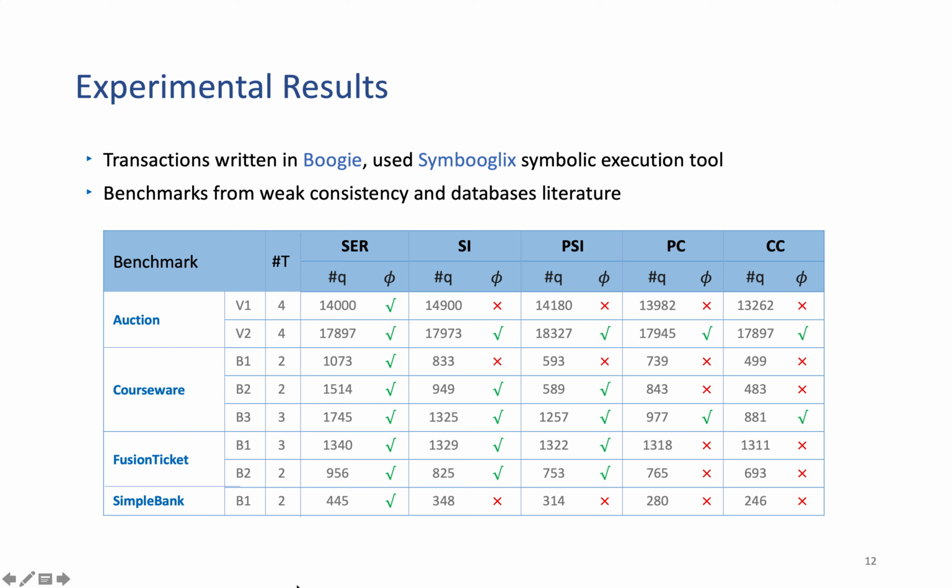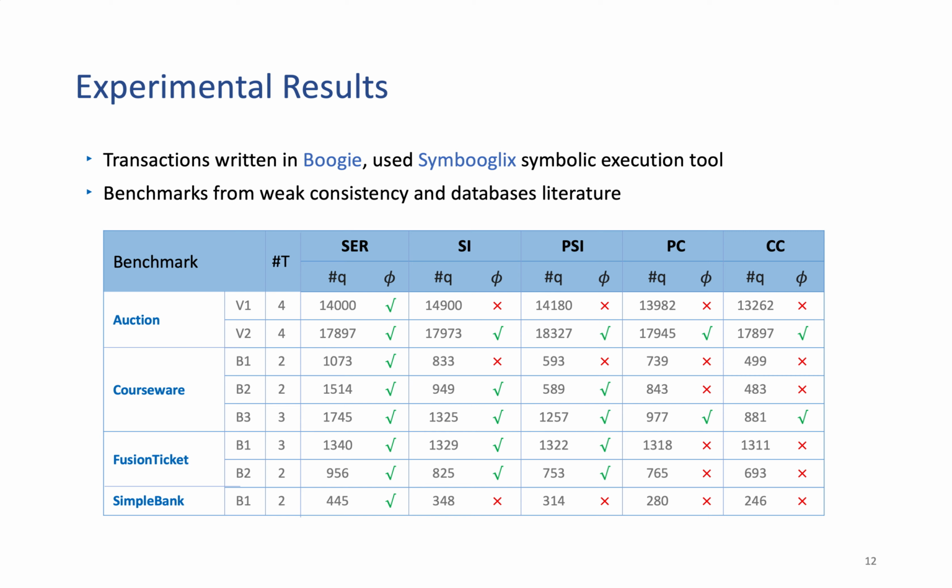And here are the benchmarks together with the number of transactions, and for each consistency model, whether the application properties are satisfied or not. I also list the number of queries that are generated for computing different paths of the symbolic execution to give an idea about the size of the benchmarks and the symbolic execution.